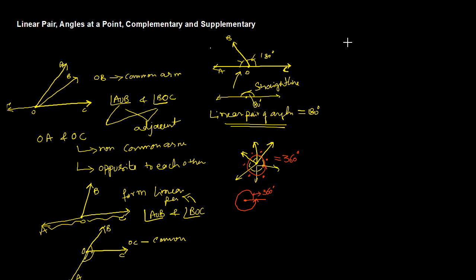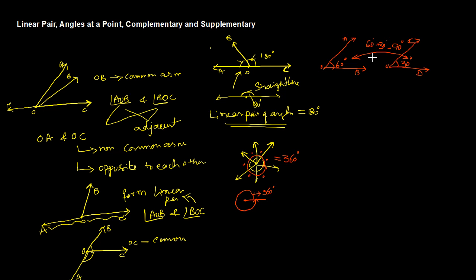So let's take two angles, that is A, B, O, if that is 60, and another one is this, C and this is D, and this is 30. The sum of these two angles, which is 60 plus 30, is 90.